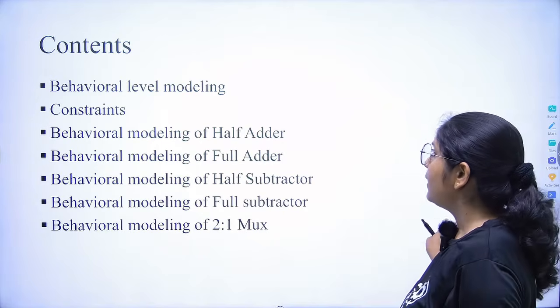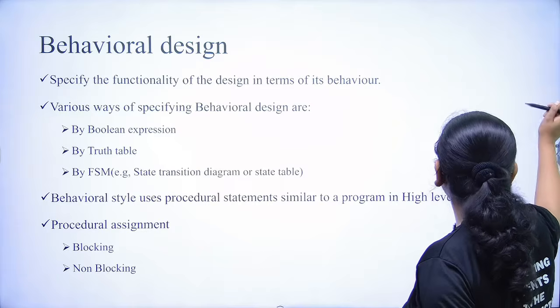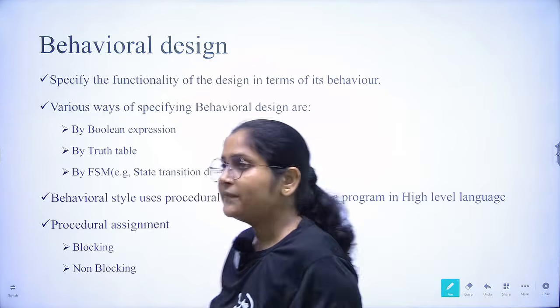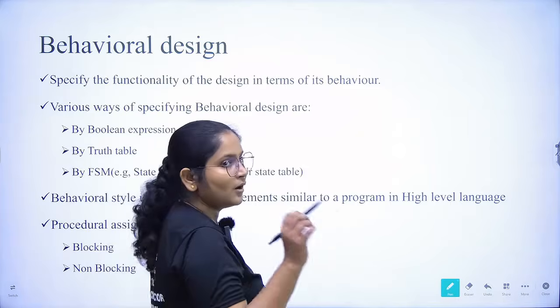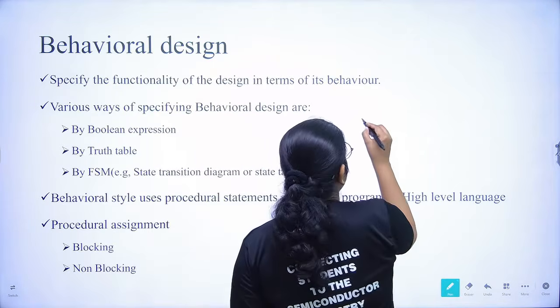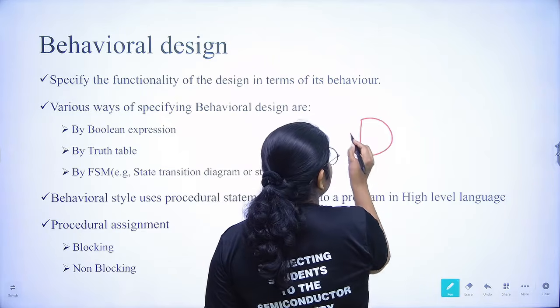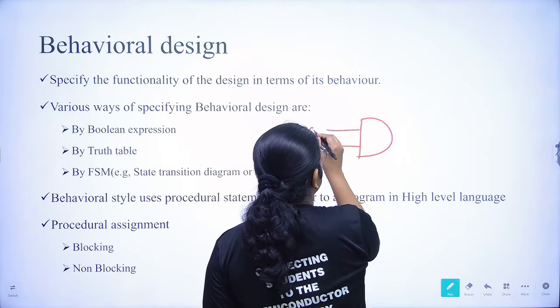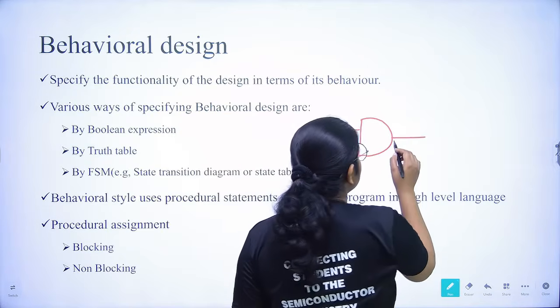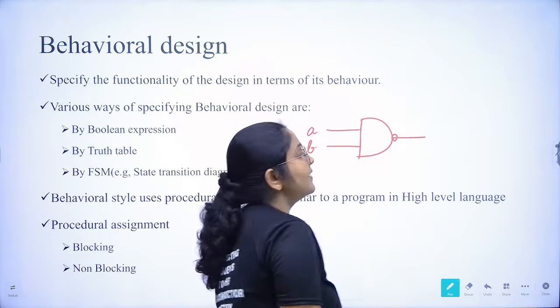Coming to the very first part, in the very first class I gave you a very basic example. Suppose we are making an AND gate, or I would say, suppose we are making a NAND gate.